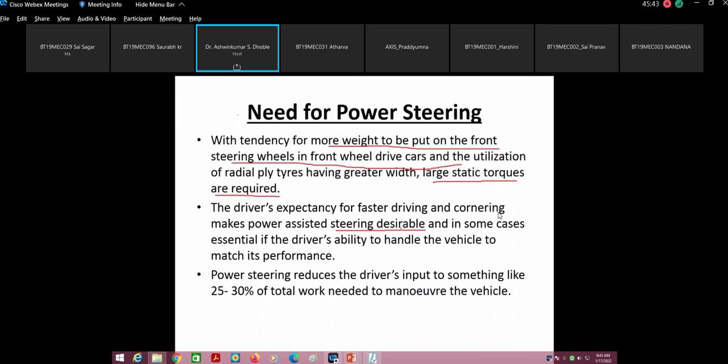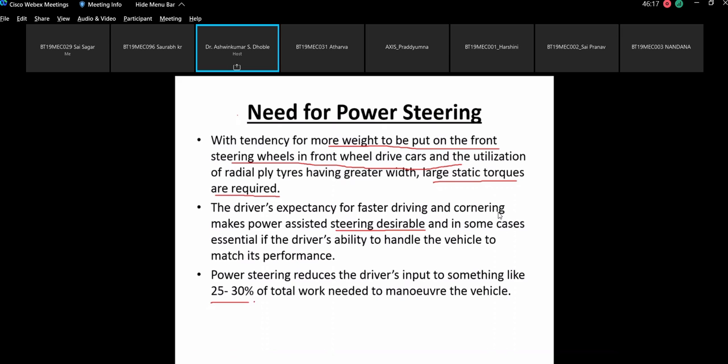See, power steering plays a very important role when you take the turn, when you are cornering the vehicle at high speed. The power steering makes cornering very comfortable, and it gives a quick response. So what power steering basically does is reduce the driver's input to something like 25 to 30% of the total work needed to maneuver the vehicle. Please understand that this number is important.